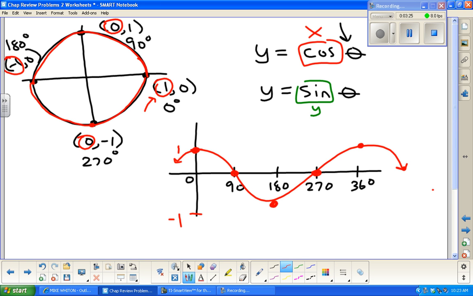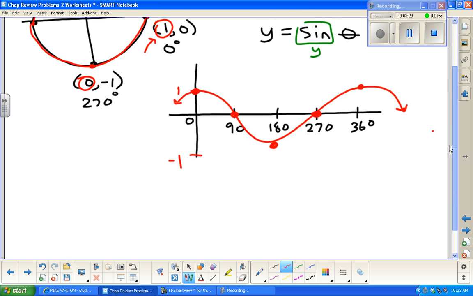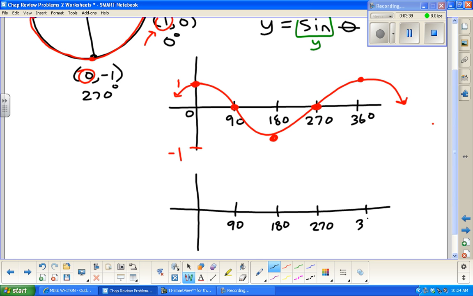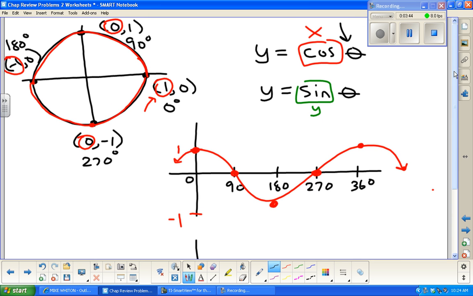Okay, and then we could follow the same kind of pattern. I'm not going to do all the details, but for a sine curve, doing the exact same setup, we use the same x values. Again, the angles are still 90, 180, 270, and 360. And if you did the same process, if you worked your way around the circle and just focused on y values now, you could get the basic sine shape.